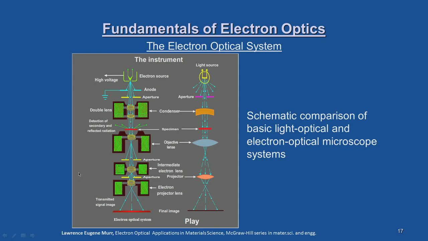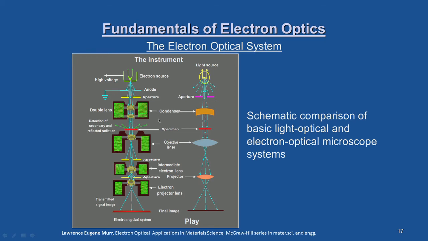Except the electromagnetic lens action, you can see all these corresponding components of the optical system corresponding to the light optical system. You can see the condenser lens, which here is used to regulate the light, and here also it is being used to regulate the electron beam and converge them onto the specimen.